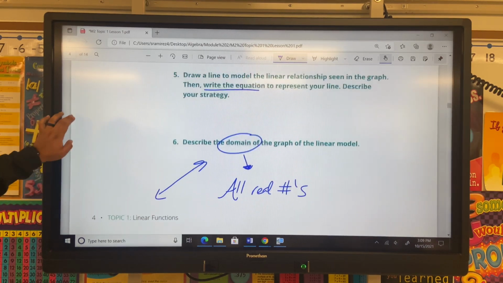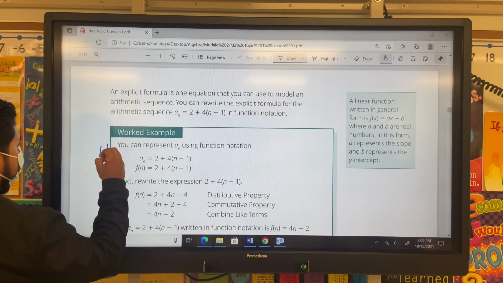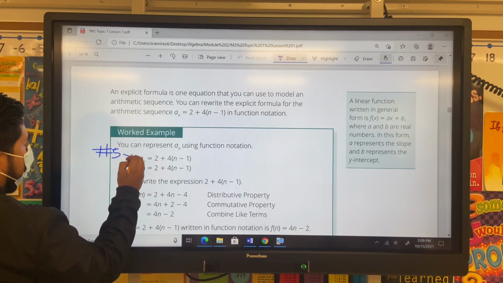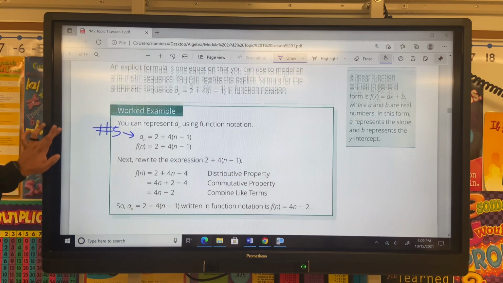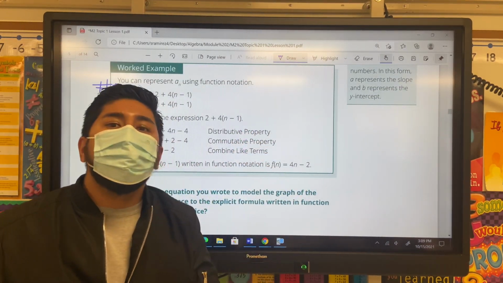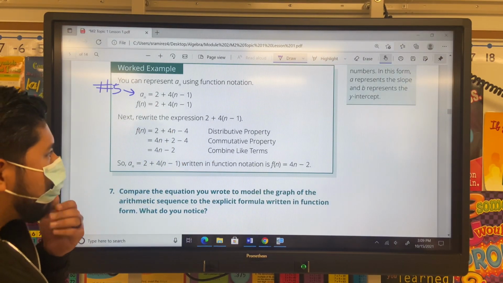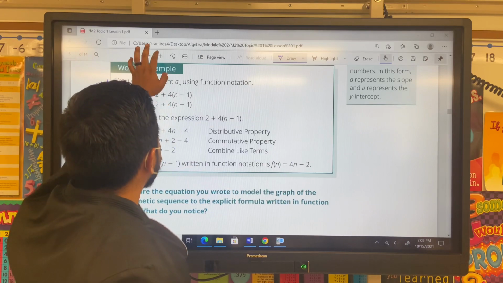Now for question number 5, this is where it's going to explain. Now, a lot of us won't read this because we just don't want to read it. We want to be able to understand it a little bit better. So, let's do our own.